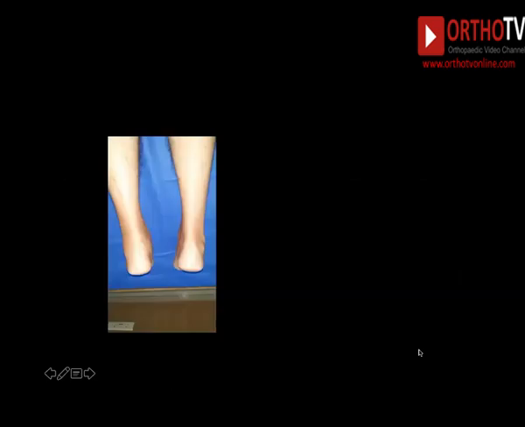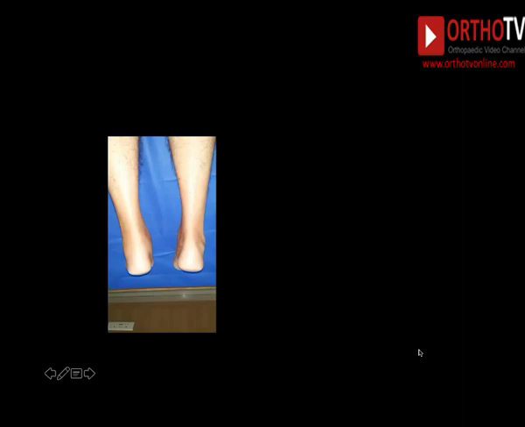Now look at this patient. On the right side there is a normal Achilles with a hollow on either side, but on the left side, where there is heel pain, this patient has fullness on either side of the Achilles.